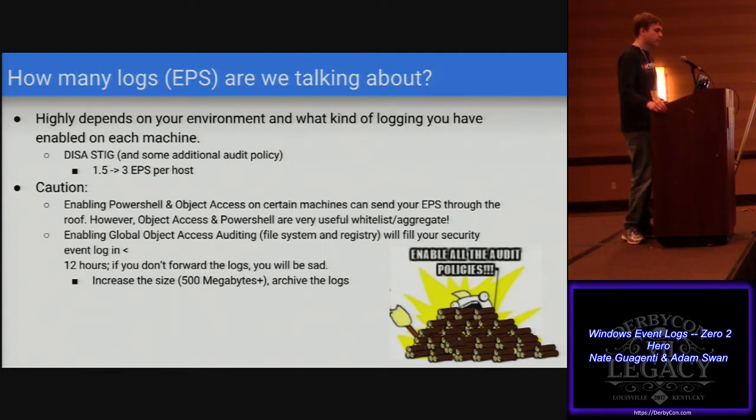Just a word of caution. If you go and enable object access especially, there's a setting in there that you can set, and you will fill up your security log in half an hour if you enable it. I enabled it on my machine. What it does is anytime a file is accessed, anytime a pipe is accessed, pretty much any object within the Microsoft environment gets logged.